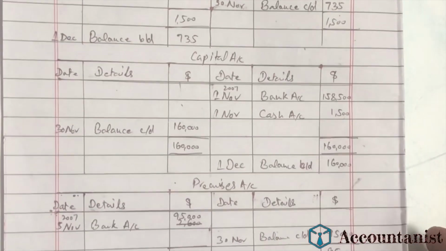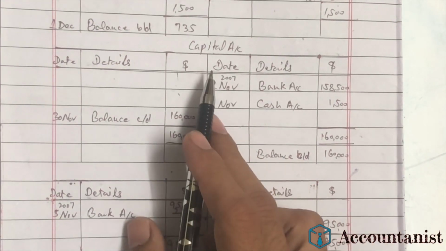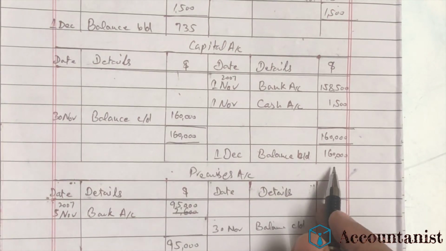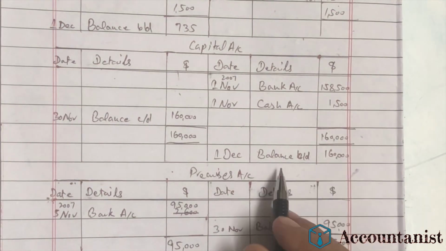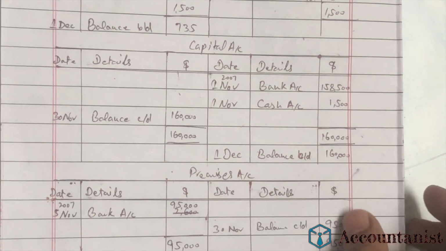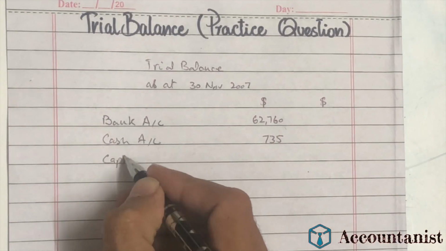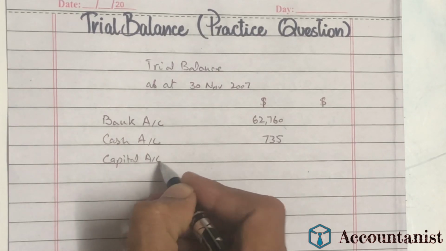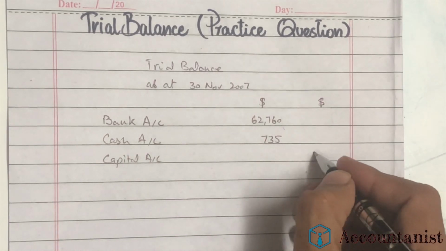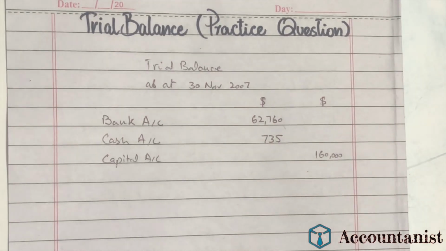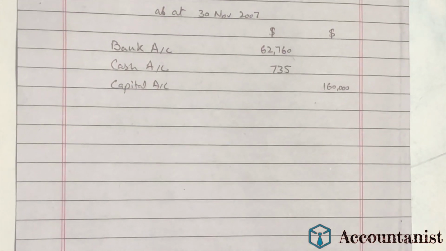Now the next one, we had capital account with the amount of 160,000, and it comes on the credit side. So the next account we are going to write down here is the capital account, and the amount is 160,000. Similar to that, we will make the next account.